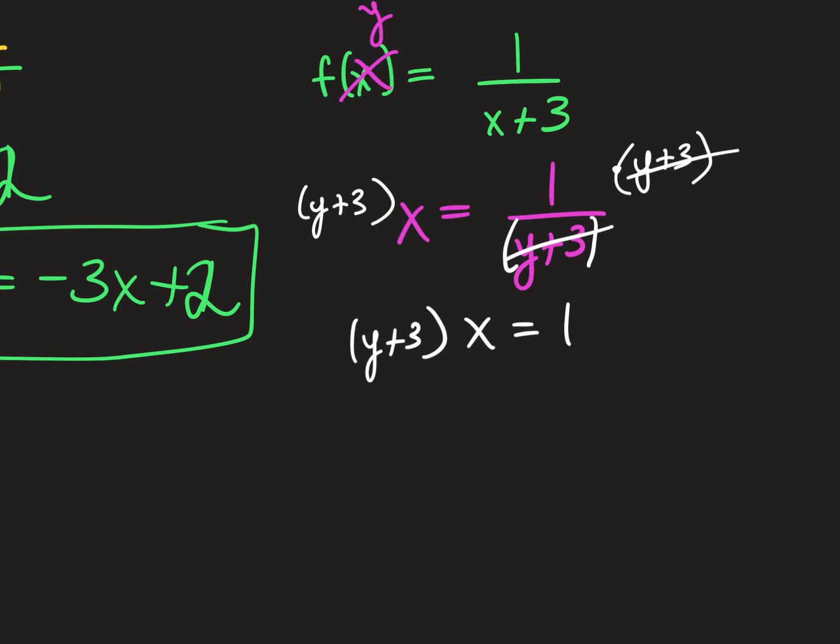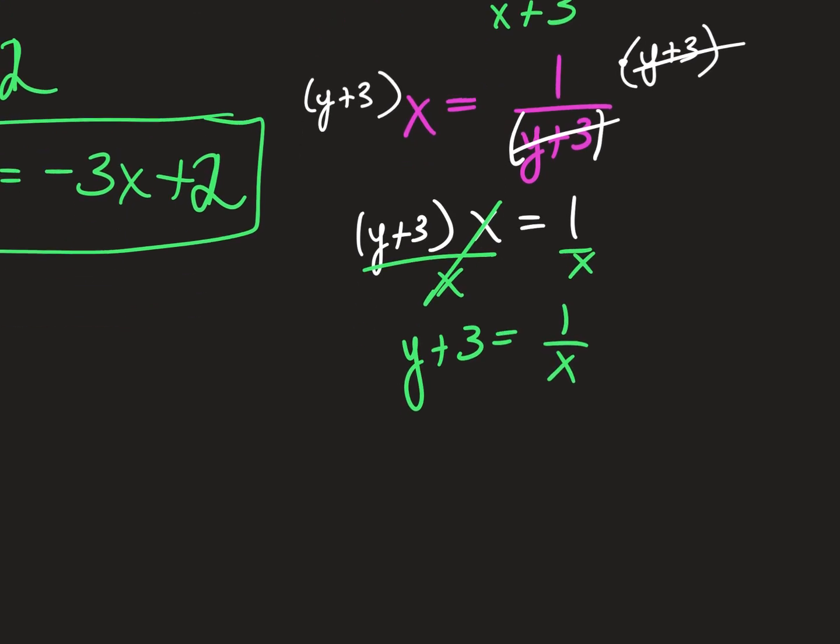I can divide both sides by x, right? So I have y plus 3 equals 1 over x. And then what's the last thing? Minus 3. I'm going to minus 3 from the whole thing. Just a fraction, no big deal. So you have f negative 1 of x equals 1 over x minus 3. Good job.